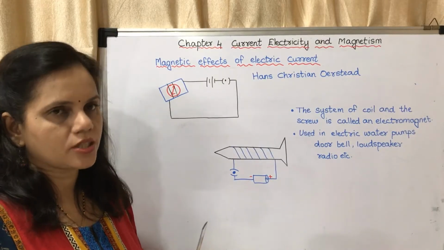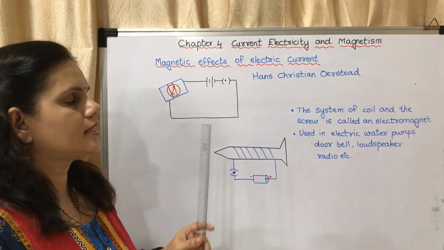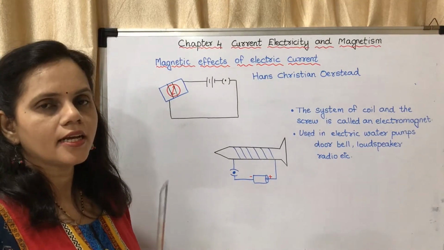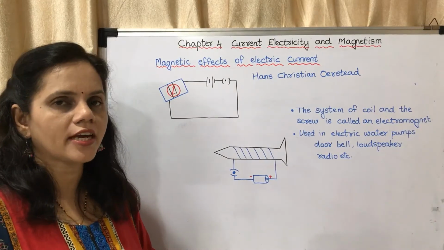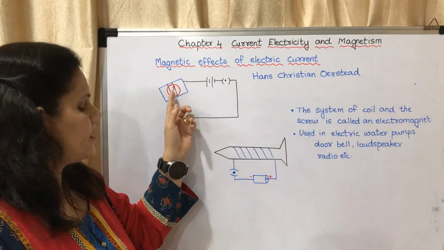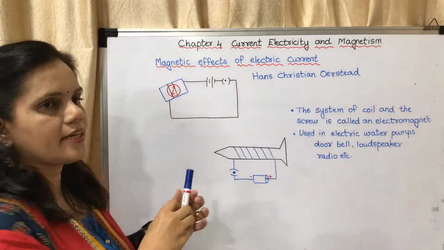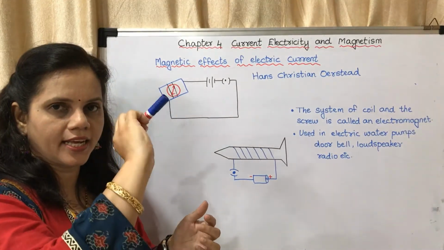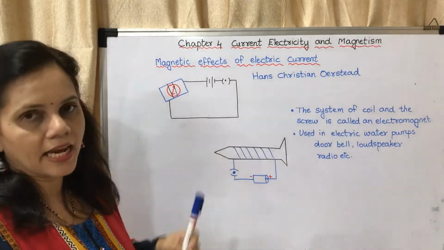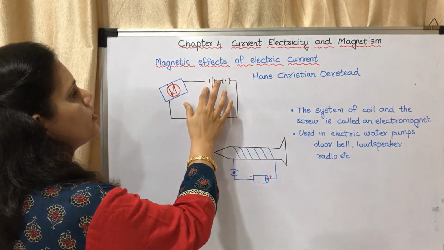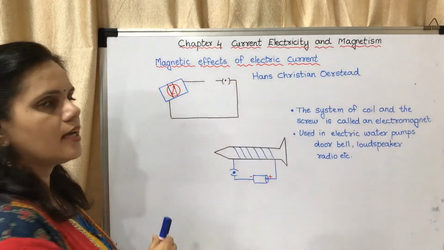Now when you switch this on, it was seen that this magnetic needle will show deflection, like this. Now if this cell, this is the positive terminal, this is the negative, this is the positive, this is negative.